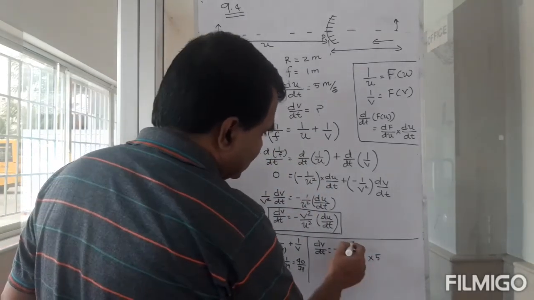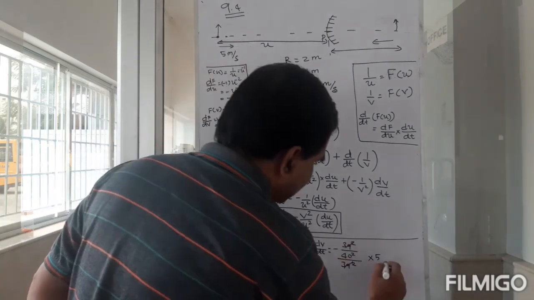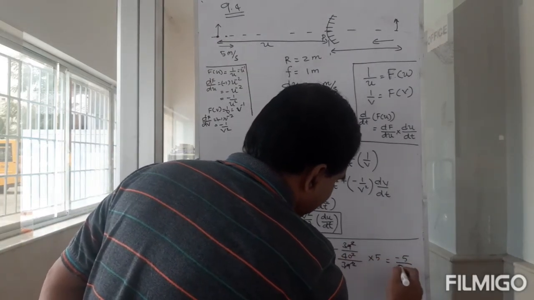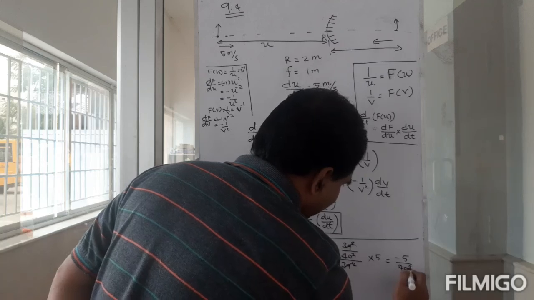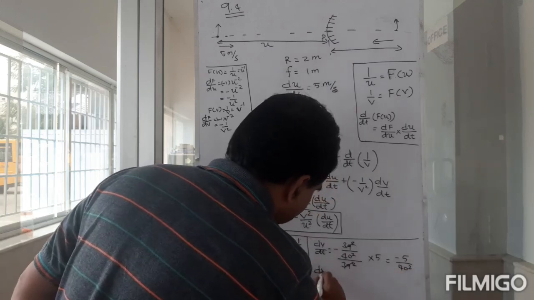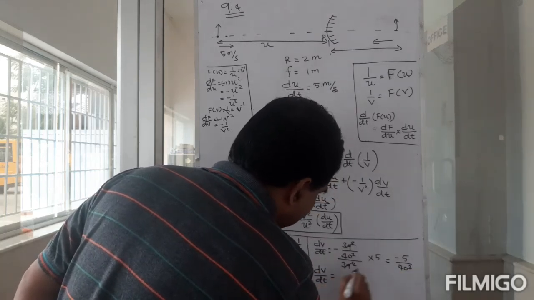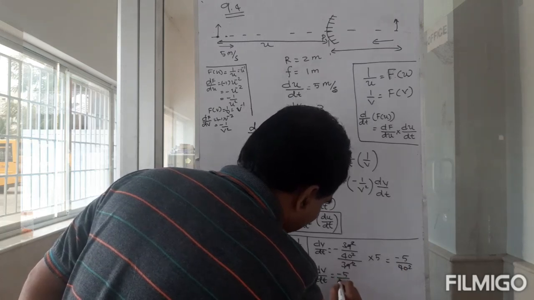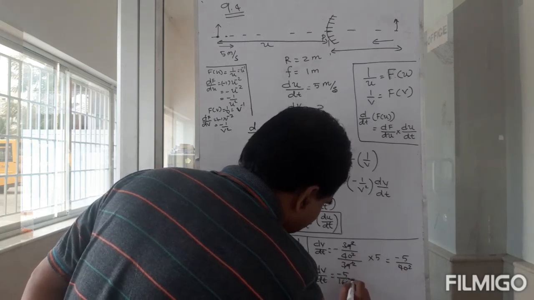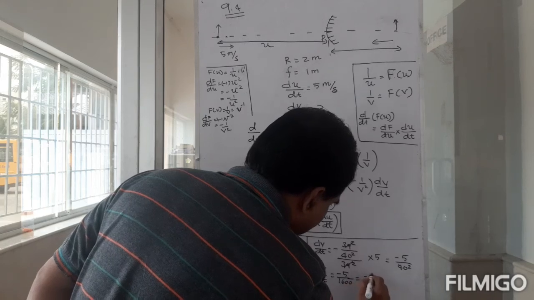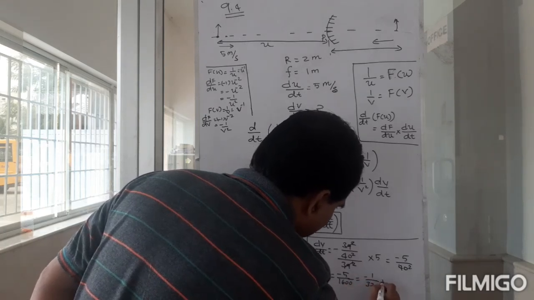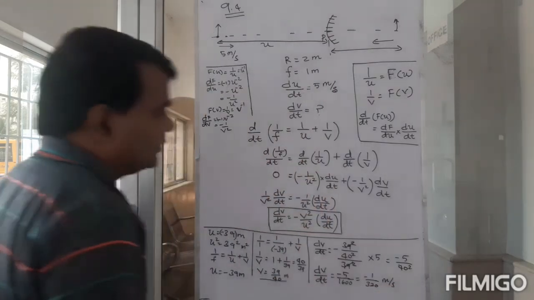You see, this and this will cancel, so you will get minus 5 by 40 squared, 1600. So dv by dt is equal to minus 5 by 1600. That will give you minus 1 by 320 meter per second.